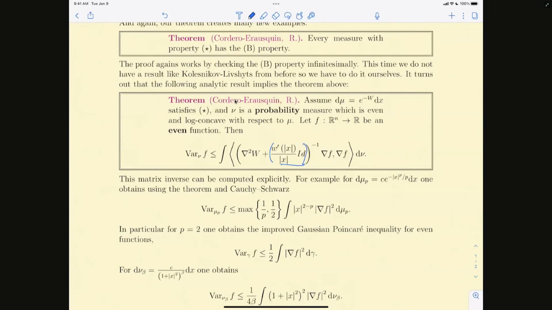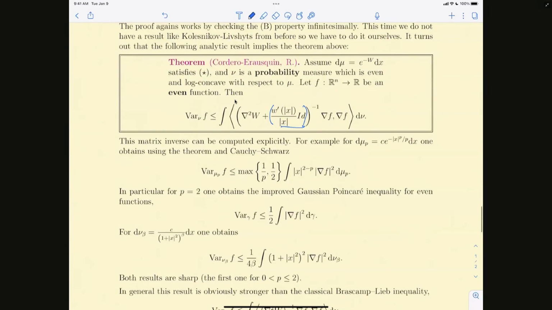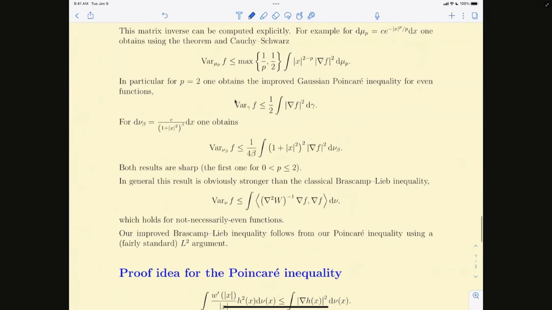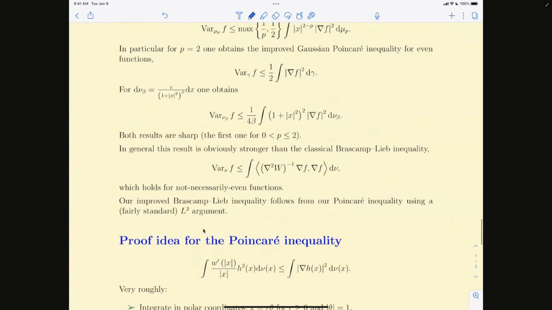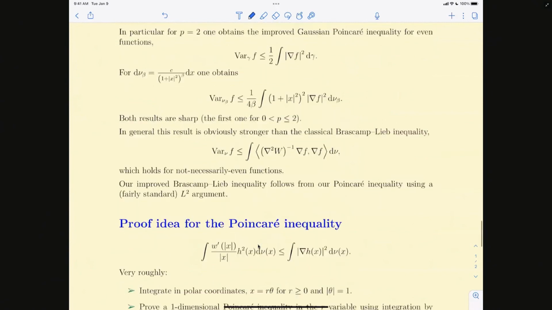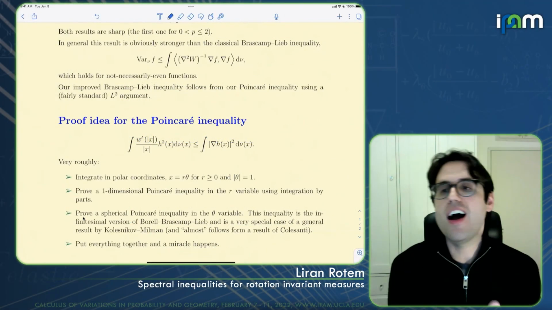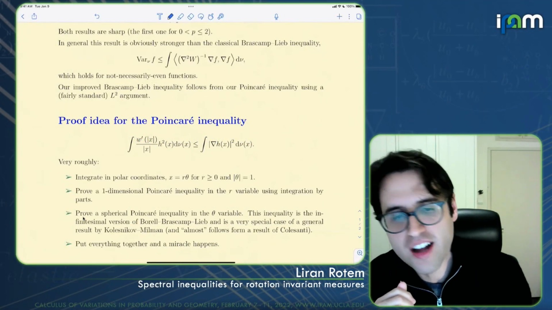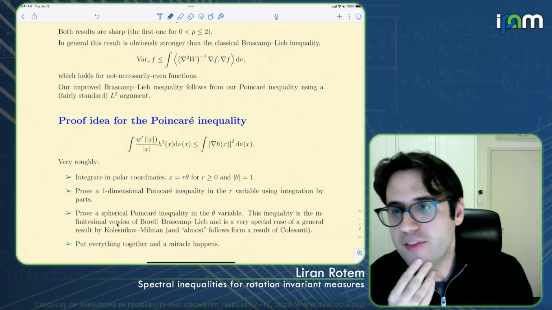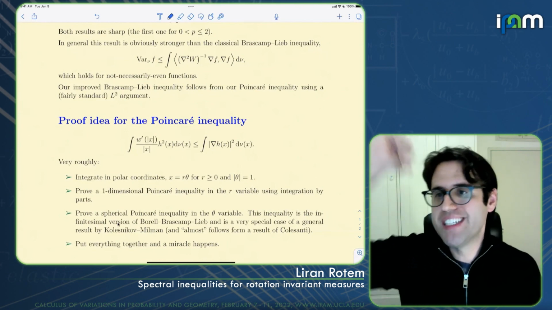The most original part of this work, the thing that is the least similar to known results, is the question of how do you even prove this Poincaré inequality. And for this, I really don't have time. I just wrote here a few sentences. You basically do it by using polar coordinates, by using a one-dimensional integration by parts, and then by using some kind of a spherical Poincaré inequality on the sphere that is really the infinitesimal form of the Brunn-Minkowski type inequality we started with.